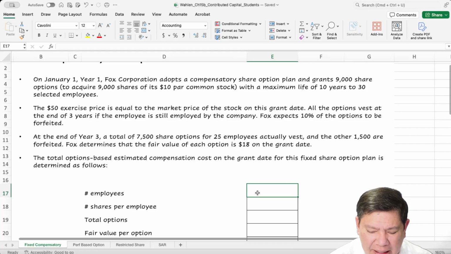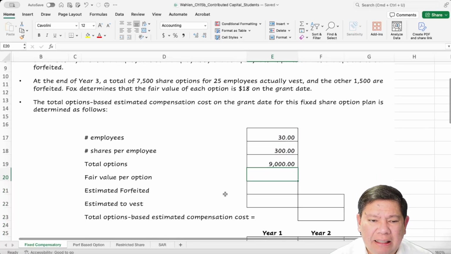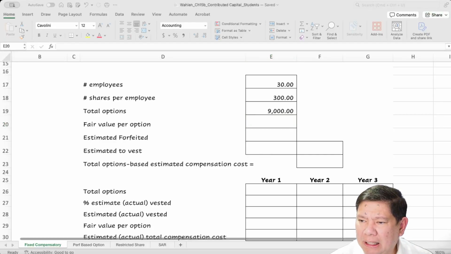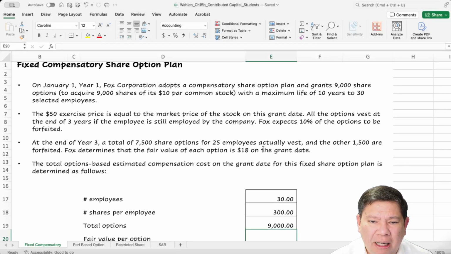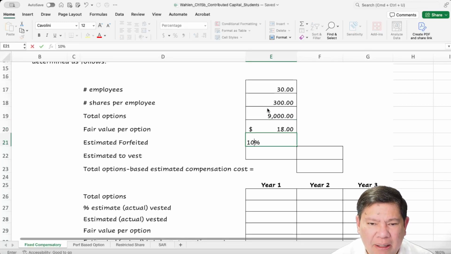Okay, so there are 30 employees. Each is expected to receive 300 shares. So total options is going to be 9,000 share options. And then the fair value is $18. And estimated forfeited is 10%.